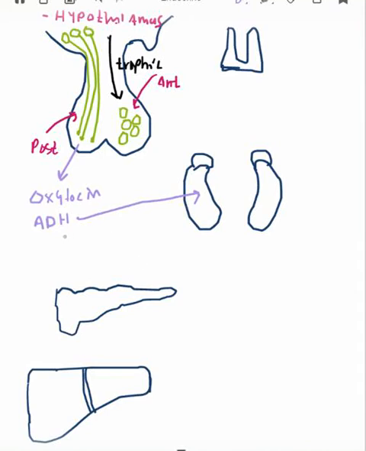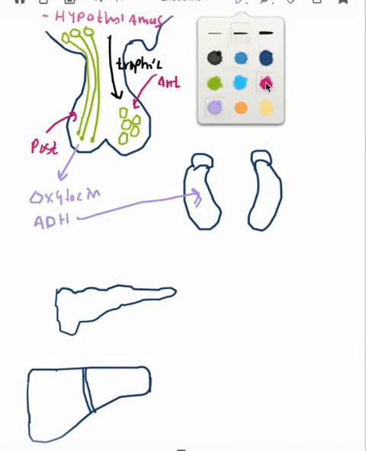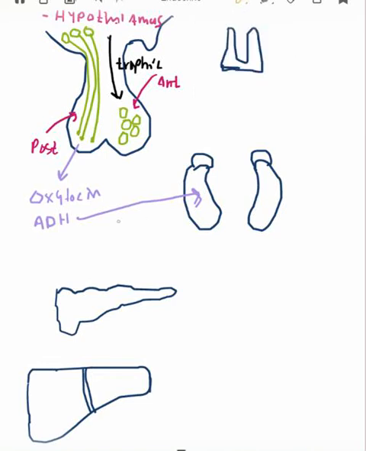And it is literally that, anti-diuretic. It keeps us from losing water. It tells the kidneys to hold on to water. That really is the function of anti-diuretic hormone, to hold on to water. Oxytocin, of course, involves stimulation of the uterus. All right, so I'll draw that there.